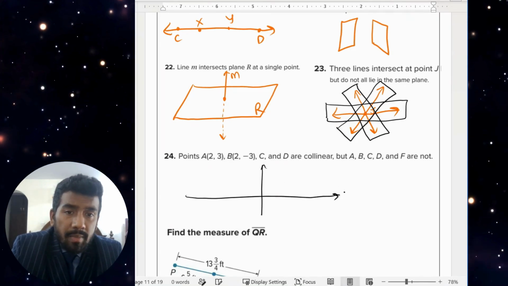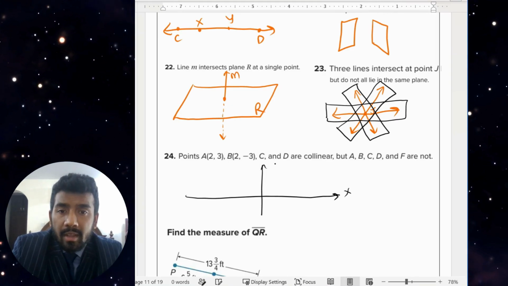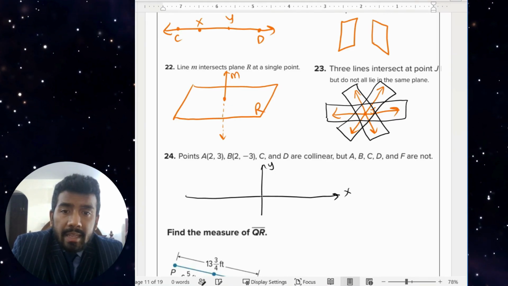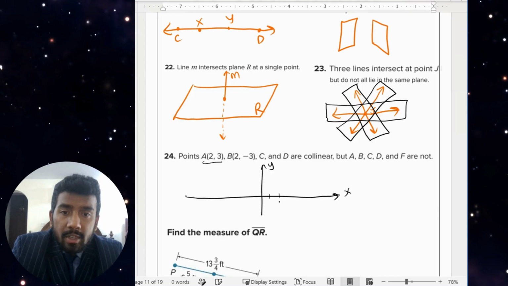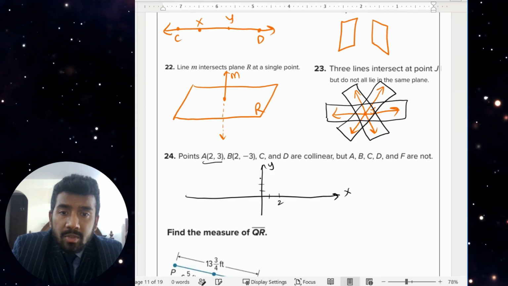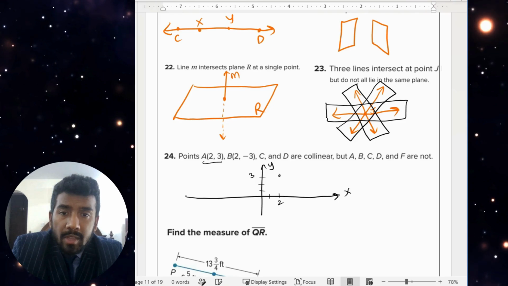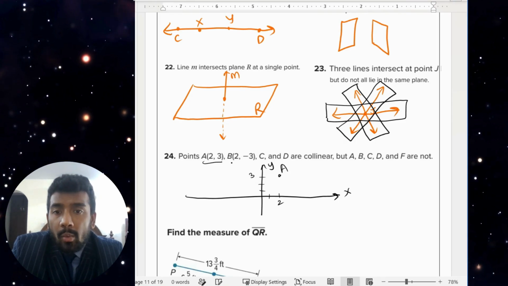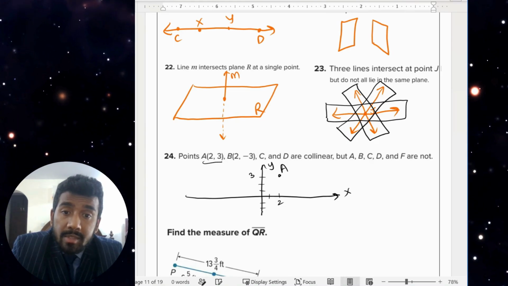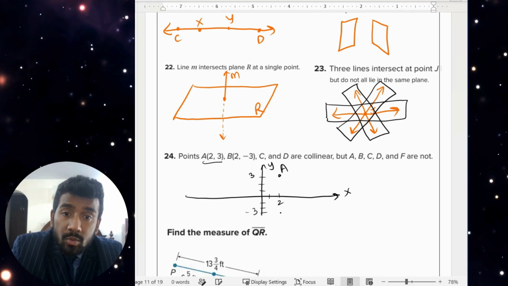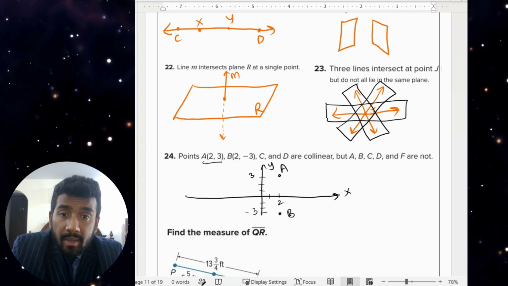I'm just making it clear by drawing a graph with x and y. So where will the point A (2, 3) be? That's 1 and 2 here, and 3 is positive, so it will go up. So that's your point A. What about point B? 2 and minus 3, so it will go 3 down. So that's point B.